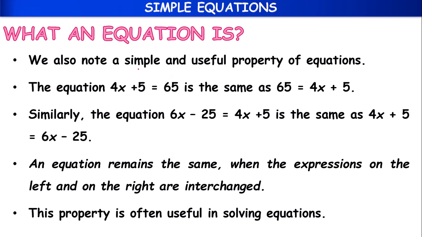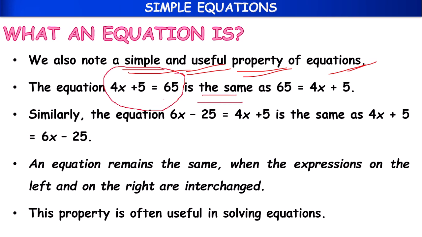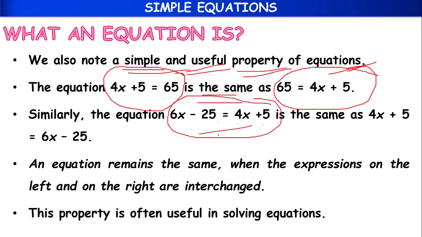So we will come across some simple and useful property of equations here. Suppose the equation 4x plus 5 equal to 65 is the same as 65 equal to 4x plus 5, or 6x minus 25 equals 4x plus 5 is the same as 4x plus 5 equals 6x minus 25.